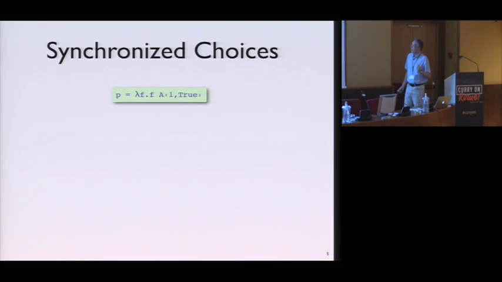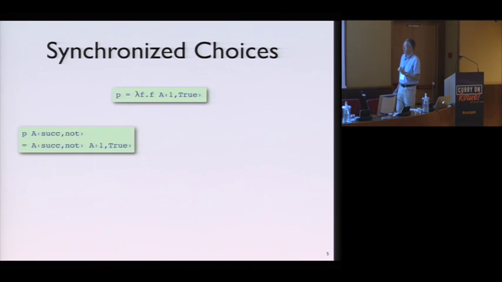Okay, in general, programs will of course contain more than one choice in many different places, and then the question arises what happens when we have choices that are in the same dimension, that have the same dimension name, or if they have different names. So here's an example for the first case. Suppose we apply this program f to a choice between the functions successor and not.